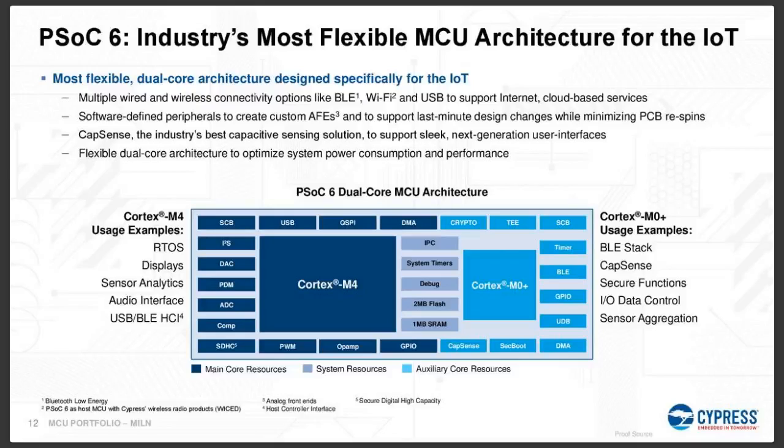The M0+ is typically used for power up, for managing security, and for running, I'll say, the lower level stacks of the Bluetooth Low Energy functionality. And then the M4 typically will run the other functions that you need for your system.